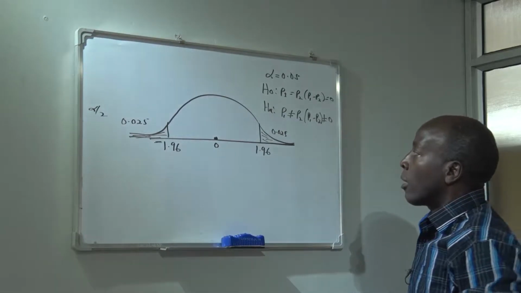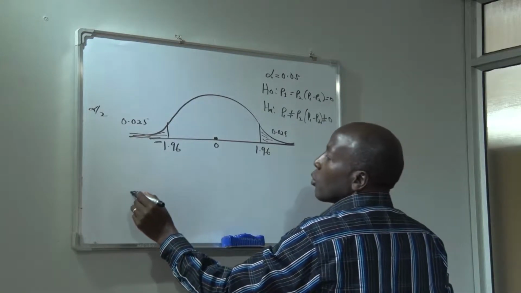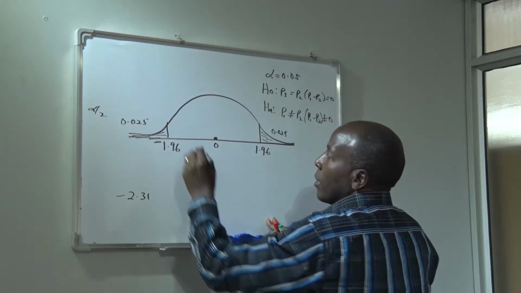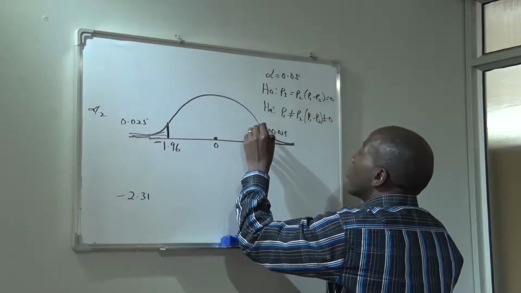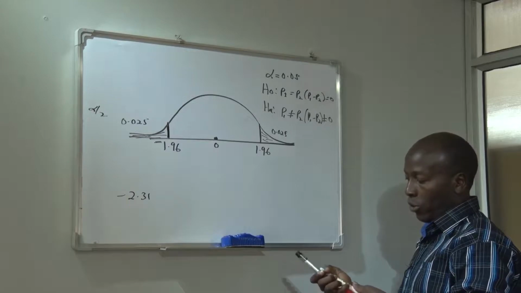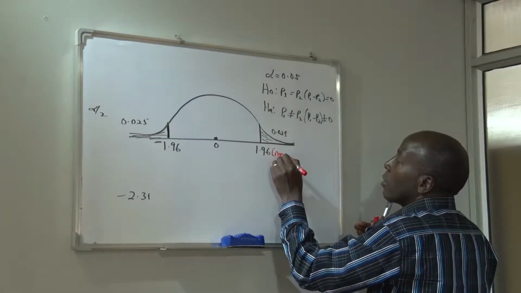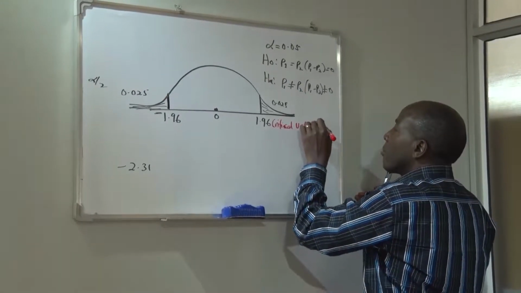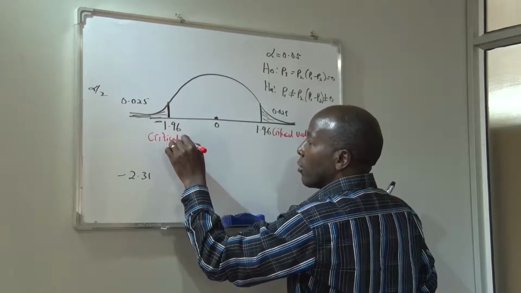Now, where would minus 2.31 lie? Remember, this minus 1.96 and positive 1.96 are referred to as the critical values. You recall that from the previous session. This is the critical value, and this one also is a critical value.